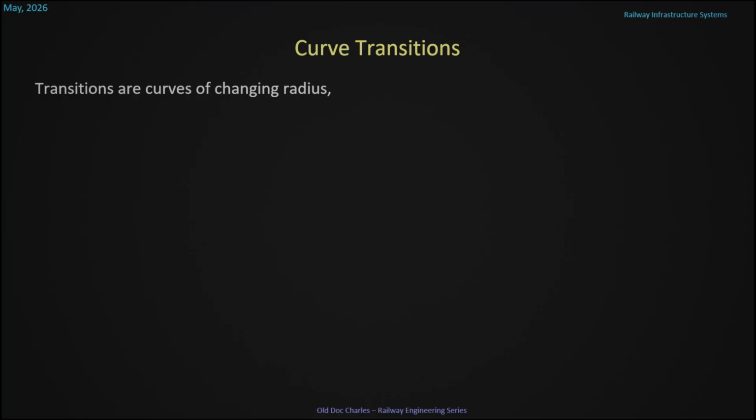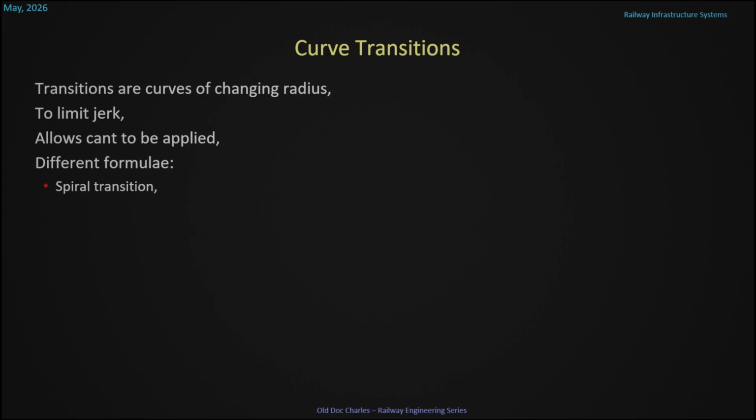Now, transitions are curves of changing radius, like I've said before, and they're there to limit what we call the jerk. It allows the cant to be applied gradually. There are different formulae for transitions. They can be a spiral. They can be a cubic parabola, which is quite simple.